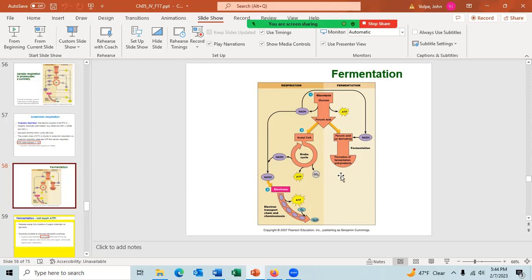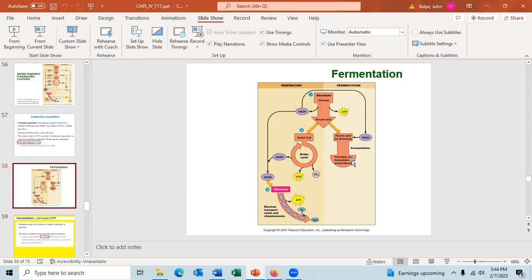Fermentation is shown on the right, in which case glucose will change to pyruvic acid in the normal way in glycolysis. And then the pyruvic acid will change to the fermentation end product. And there's more than one fermentation end product because there's more than one fermentation reaction.